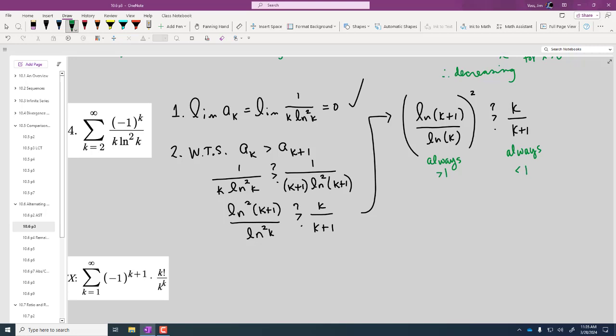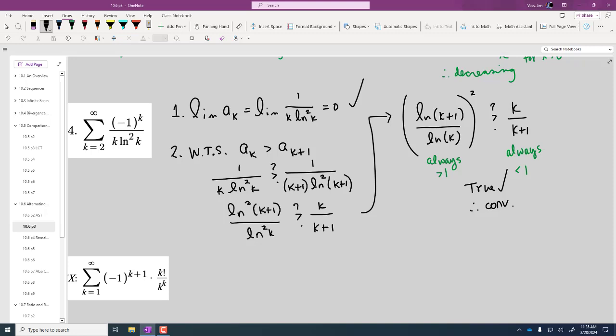So if this is always greater than 1 and this is always less than 1, then the inequality must be true. So therefore converge.